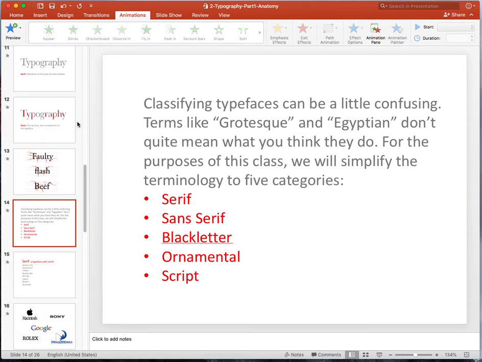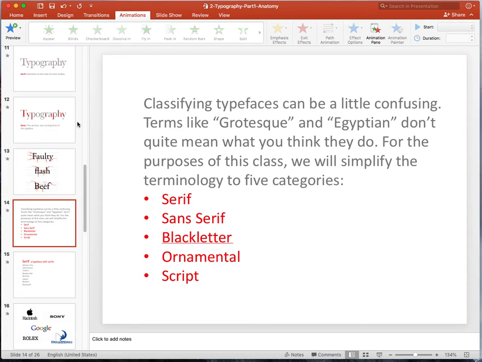Classifying typefaces can be a little confusing. If you really look into the evolution of type and fonts, they talk using terms called grotesque and Egyptian, and they were using them in the context of the 1700s and 1800s, and they really don't make any sense today. So I refuse to use them.